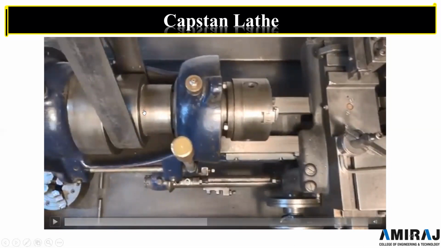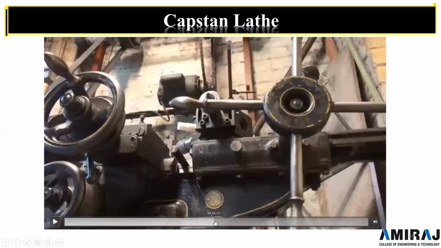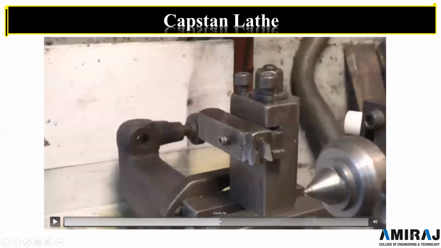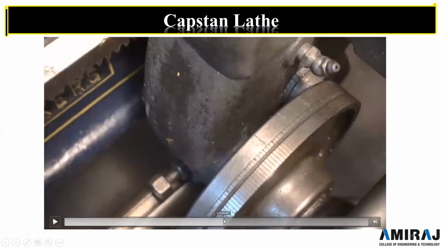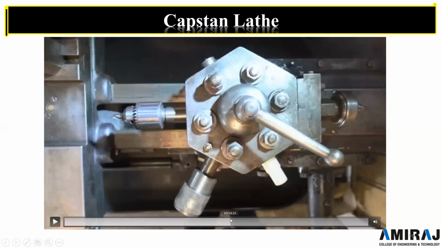With the help of a belt, it is a cone pulley type of headstock. The headstock is cone pulley type, and the other parts you can see. Here you can see over the tailstock, the drill can be mounted and can be held over here.